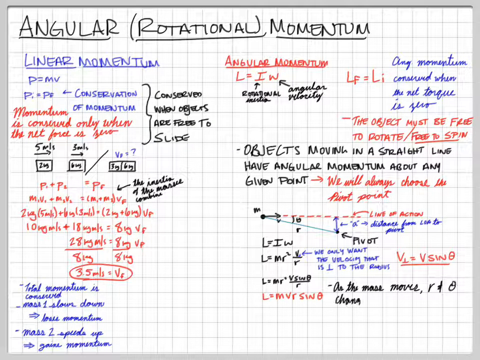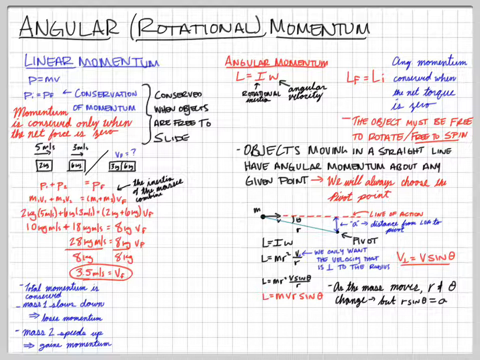Again, as we can see, as that mass moves, the radius gets smaller and theta gets bigger. Those two things change. But radius times sine of theta, that's the hypotenuse times the sine of that angle, always equals the opposite side, a. And that a part never, ever, ever changes.